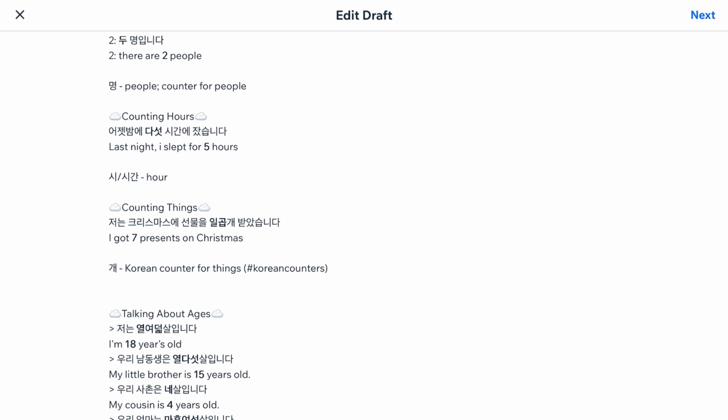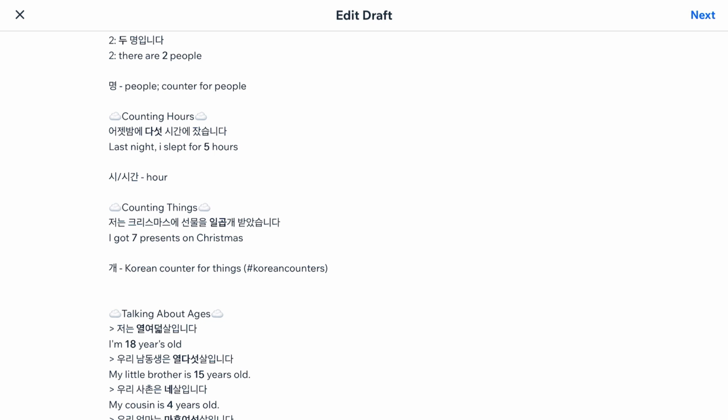So, and when we're counting hours, this is very important for time. So always the hour will be native. Last night, I slept for 5 hours. 어젯밤에 5시간에 잤습니다. 어젯밤에, 5시간, for 5 hours, 잤습니다, I slept.